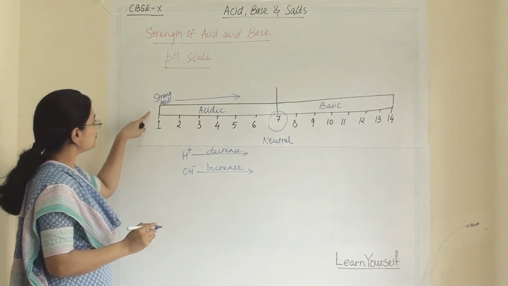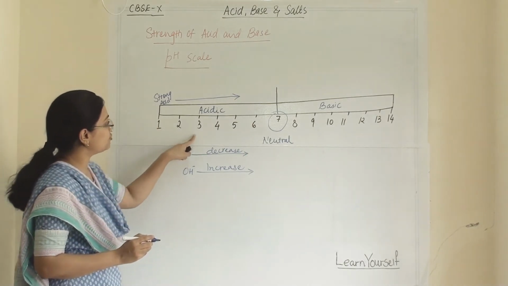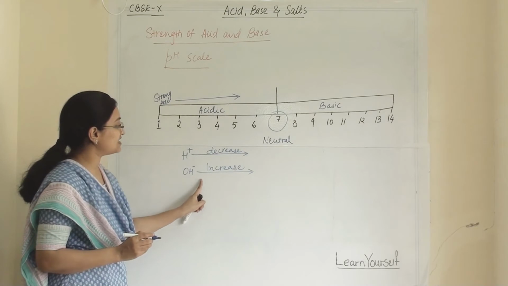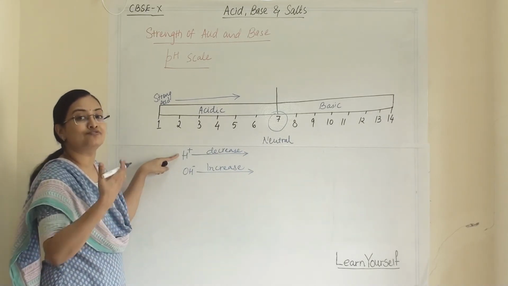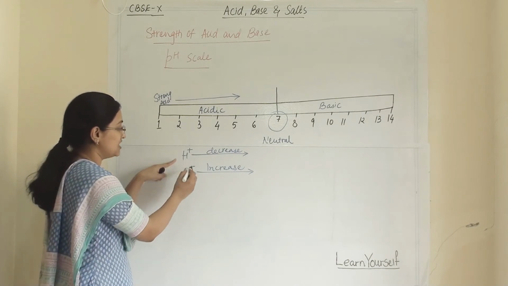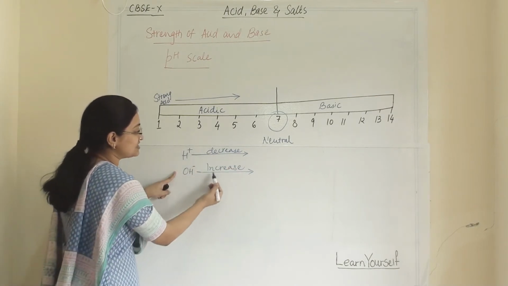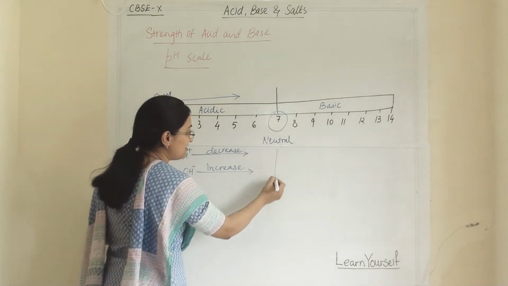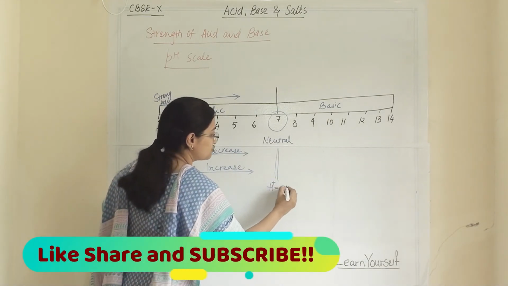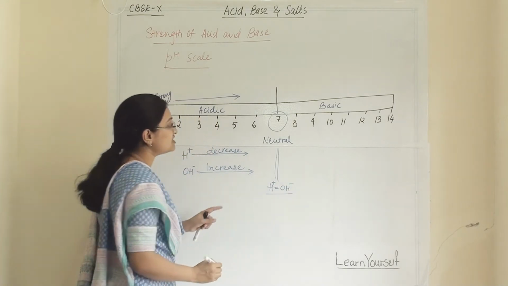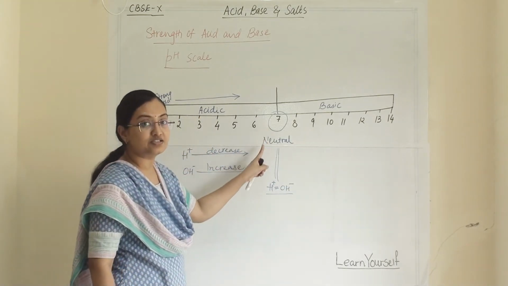This is a very strong acid, then its strength will decrease. As the OH minus strength increases, it will nullify the effect of the acidic character of H plus. So this will decrease and this will increase. At pH 7, both will be equal. H plus equals OH minus. So this pH is 7 and it is neutral.